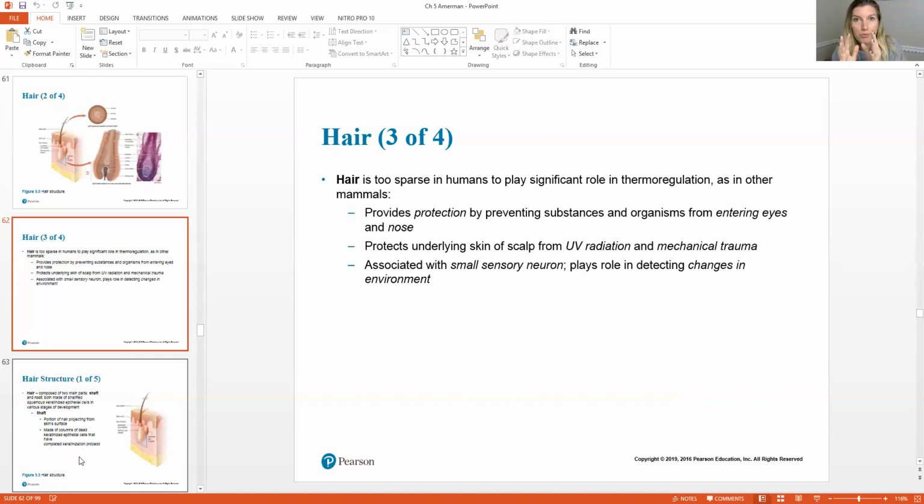The hairs on her back will stand up when she's agitated. Or maybe you're in a room by yourself and all of a sudden you feel a breeze on your arm. Woo, right? Those are those little sensory receptors going off telling you that there's air movement in the room. So that's another function of hair other than just to guard entrances.